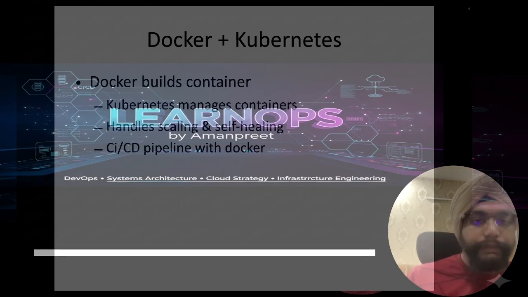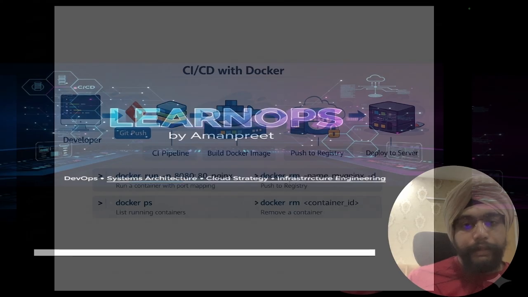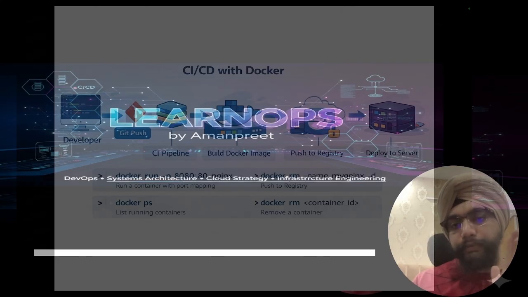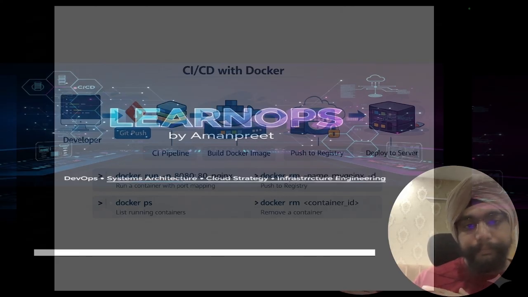Docker builds the container, and Kubernetes manages the containers, handling scaling and self-healing. Now the CI/CD pipeline with Docker: you go from the developer stage to git push, to the CI pipeline, build images, push to the registry, and deploy to the server.